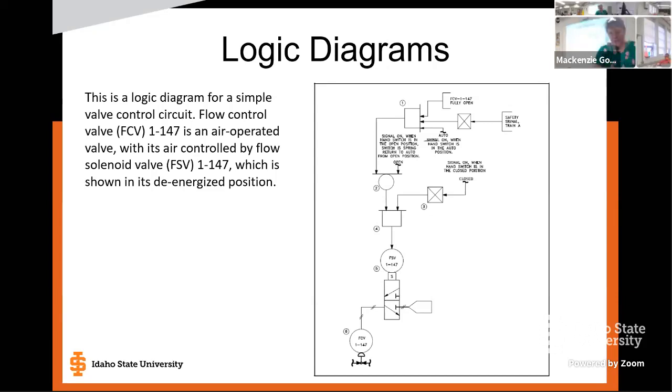So our flow control valve here is controlled by this solenoid switch. That's what it's showing us here. So when we finally get to here, is our solenoid switch activating or not?